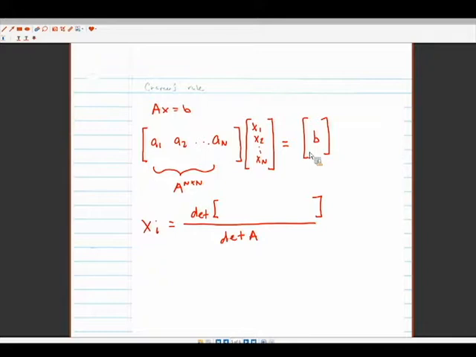So that means if I care about the ith column, I'm going to have A1, A2, all the way up to the ith column. I'm going to replace that with B. And then I'm going to have going all the way up to AN. Okay, so by then evaluating this, we can solve for an unknown without having to solve for x1, x2, all the way up to xn along the way.